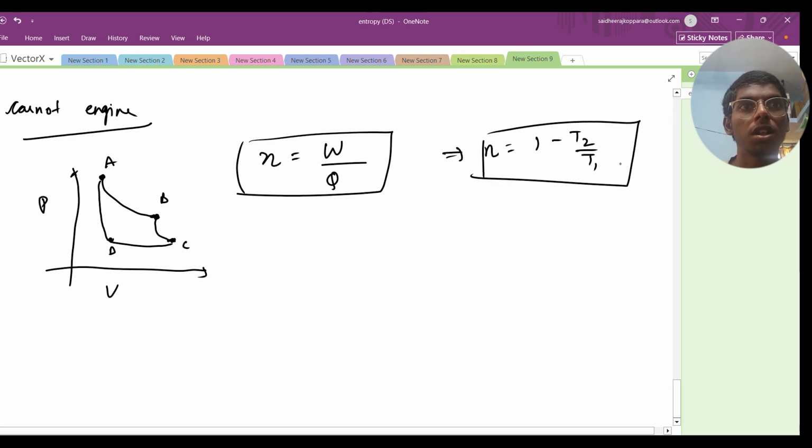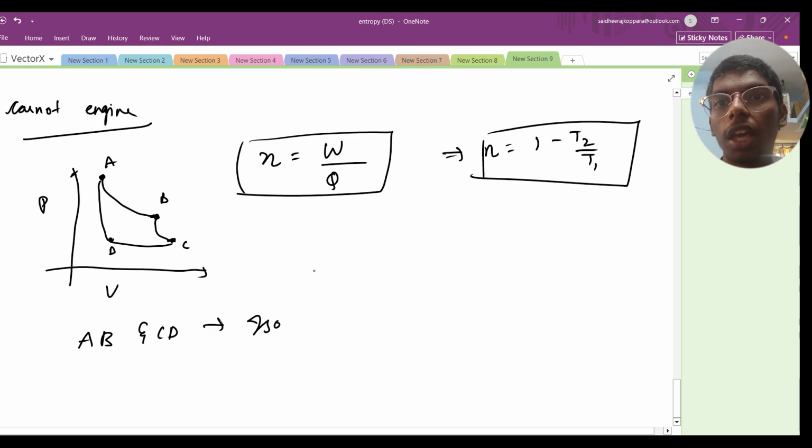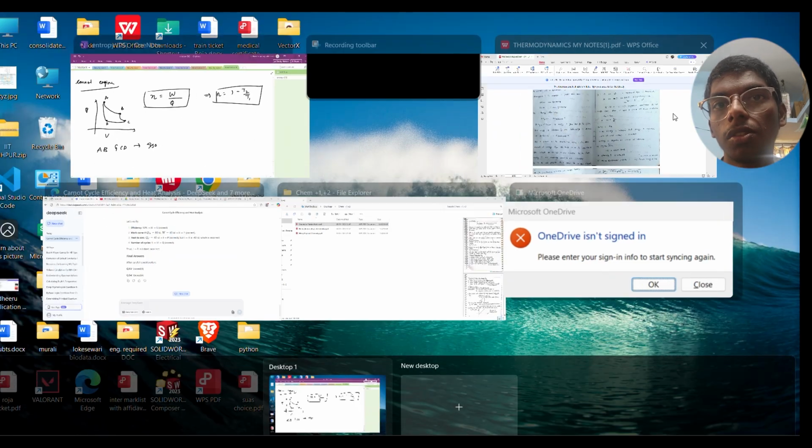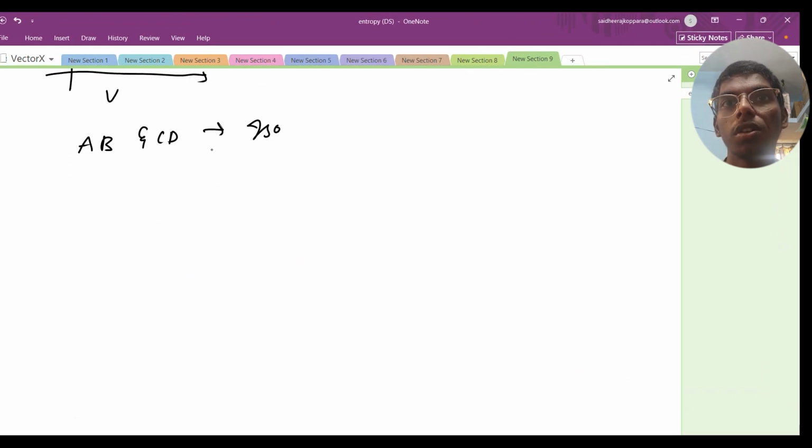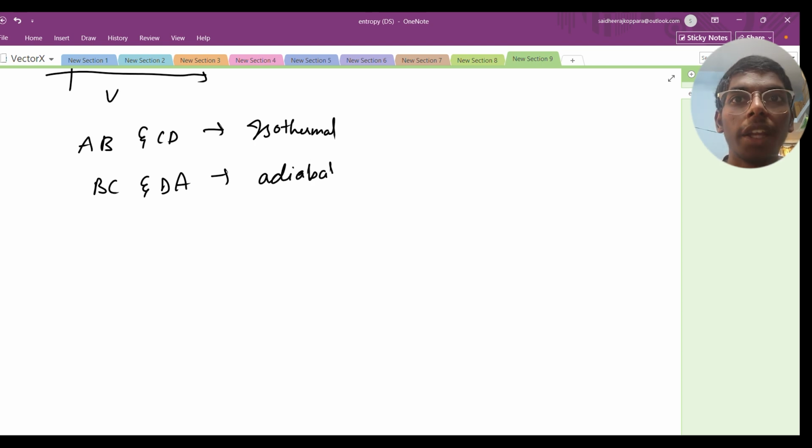This is the equation which you get. Okay, so he took AB and CD as isothermal, and BC and DA as adiabatic.